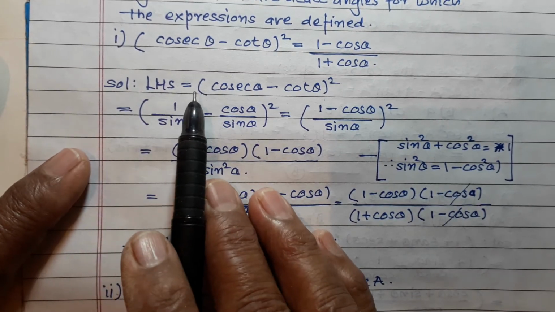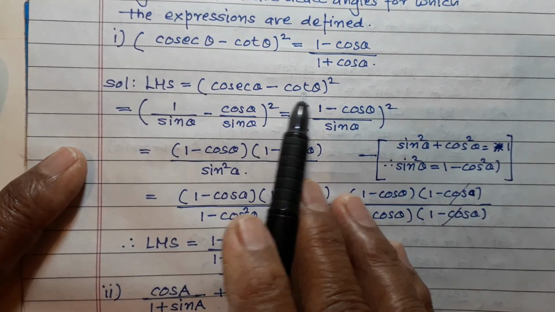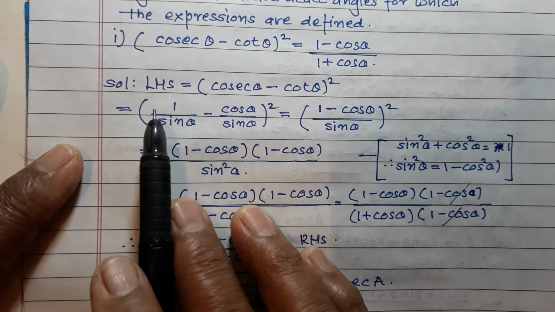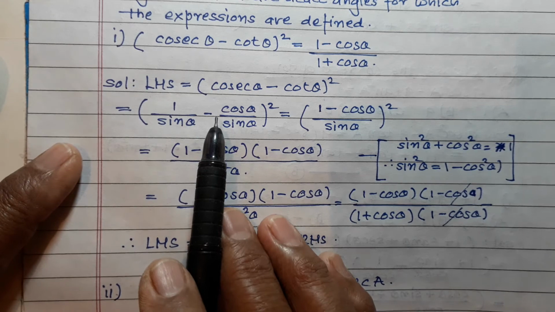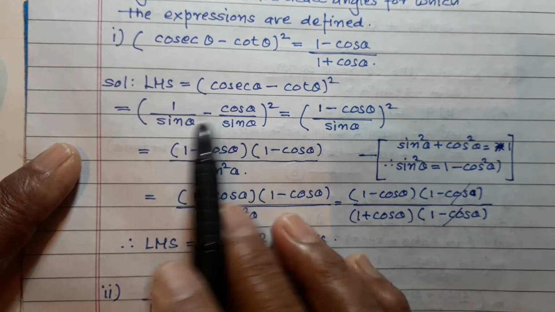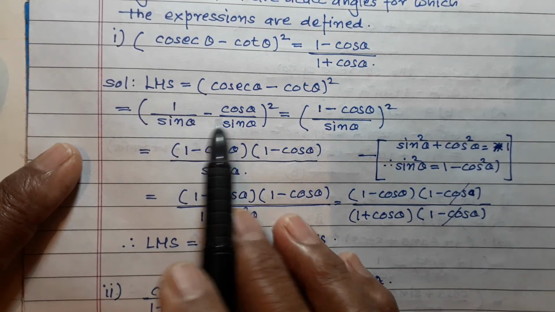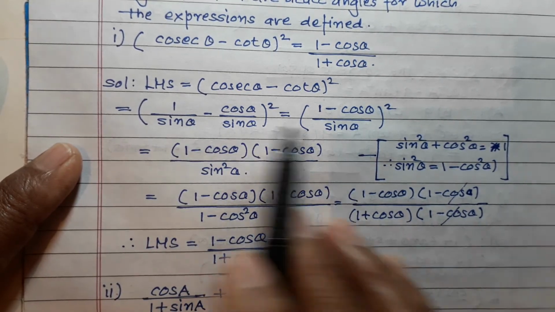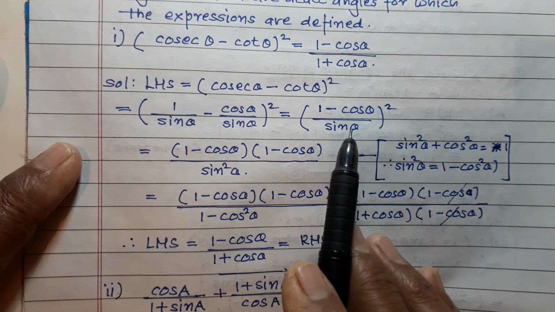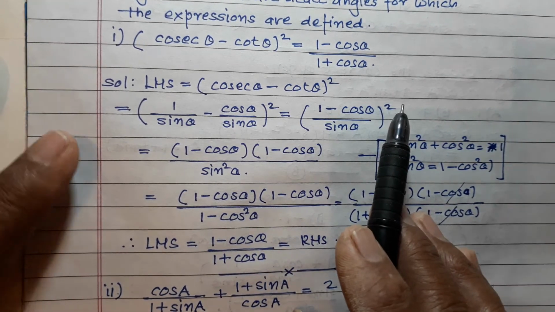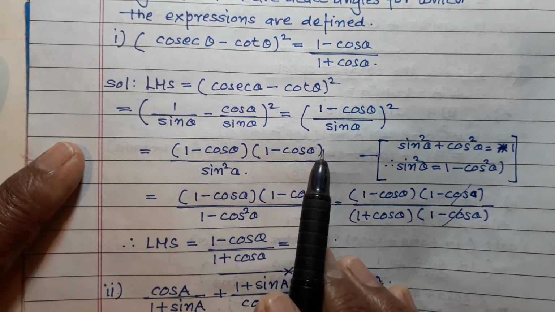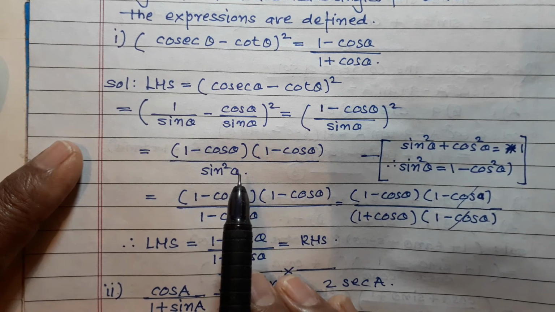Left hand side is equal to (cosec theta minus cot theta) square, which is equal to (1 upon sin theta minus cos theta upon sin theta) whole square. Simplify this: the denominator is the same, so simply subtract the numerators, giving (1 minus cos theta upon sin theta) square. Now this is equal to (1 minus cos theta) into (1 minus cos theta) upon sin square theta.